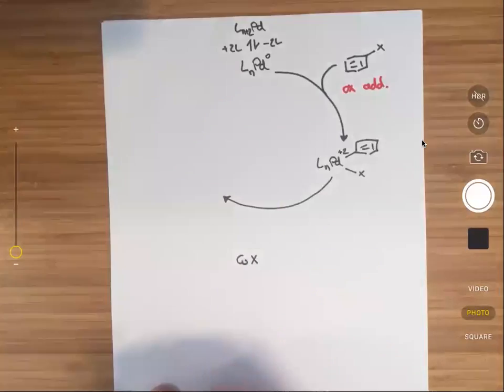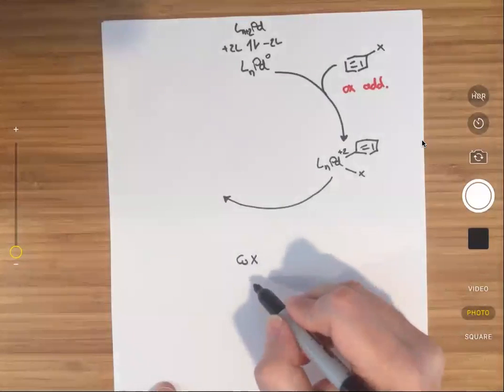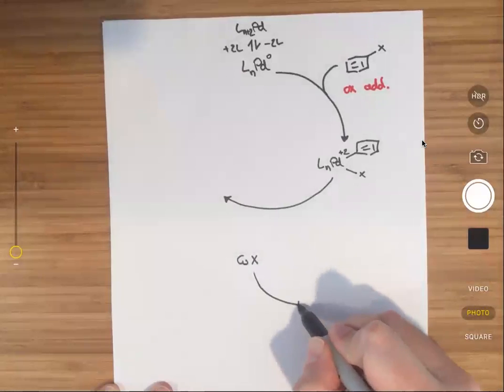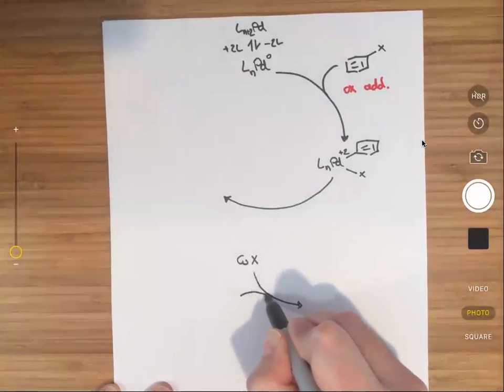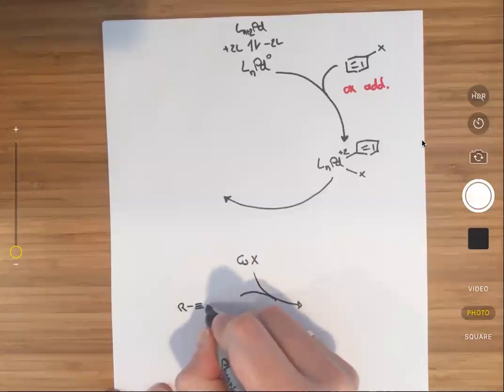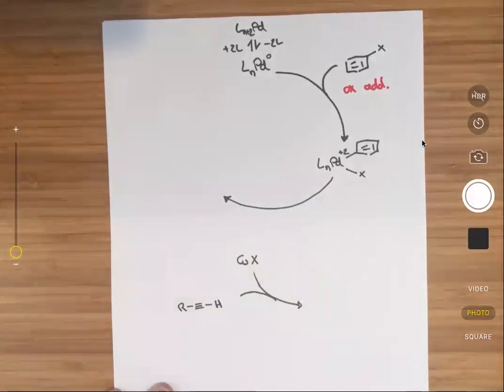So it starts out with something, let's call this copper X. So this is basically in other halides. There's copper chloride, copper bromide, or copper iodide. And this is in the oxidation state 1 here. And this copper reacts with an alkyne, with a terminal alkyne, and we can draw this in here. So let's say RH, something like this.